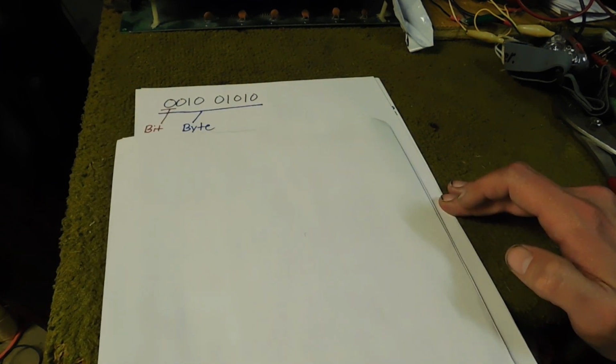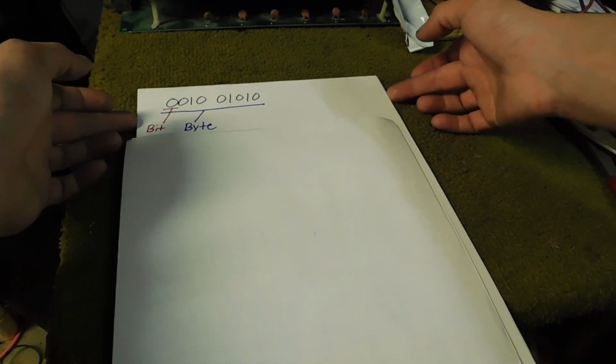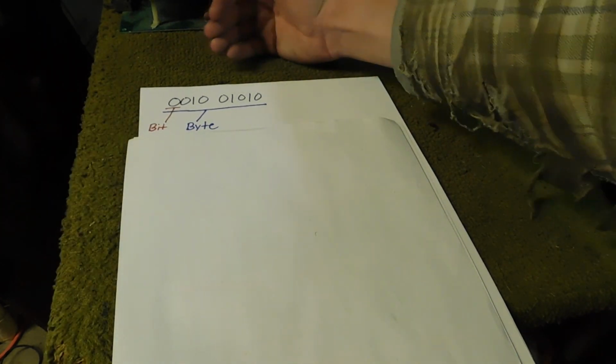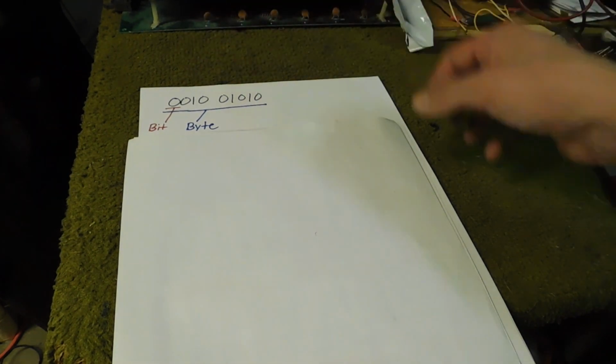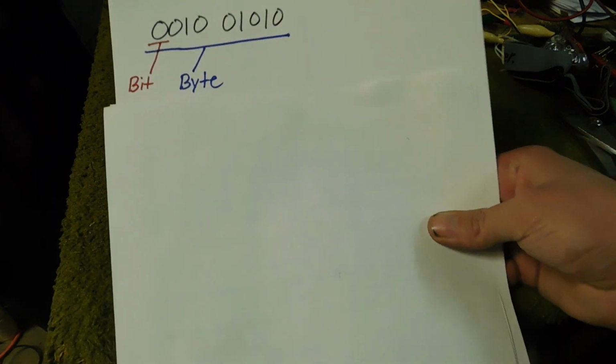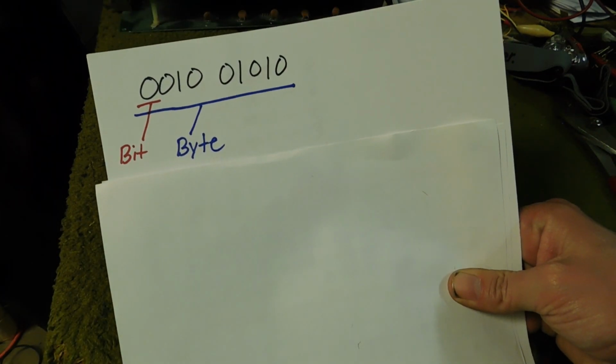But let's move on and understand a little bit more about what all this is talking about. To start out, we're going to start with binary. Well, actually, I'm sorry. Let's step back a little bit. Let's look at the zeros and ones. On this example here, you can see we have a 0010 01010.